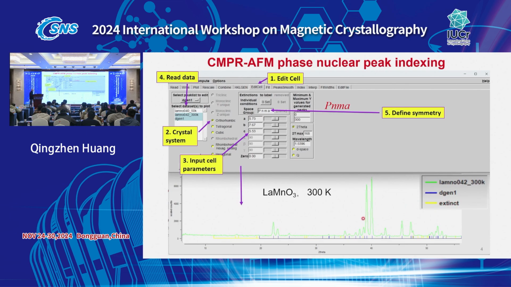So here you can see, I need to explain that this peak is an impurity one. Also, somewhere else there is also an impurity peak.